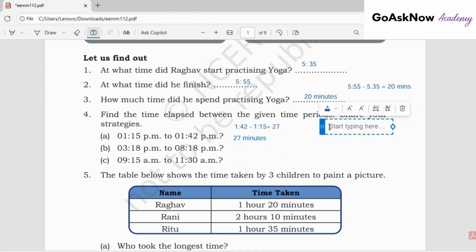Second one, let us calculate that. Here the minutes are the same, then we subtract 8 minus 3, which is 5 hours.